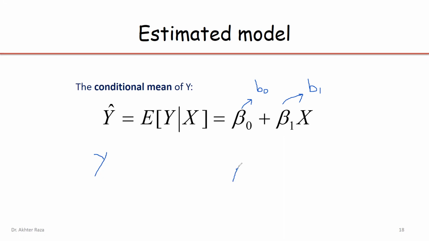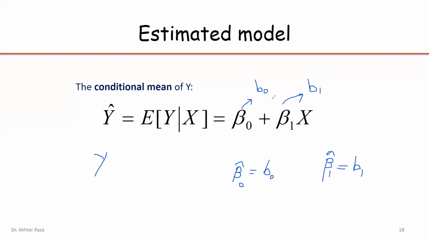So the point estimate of beta naught is B0, and the point estimate of beta 1 is B1.